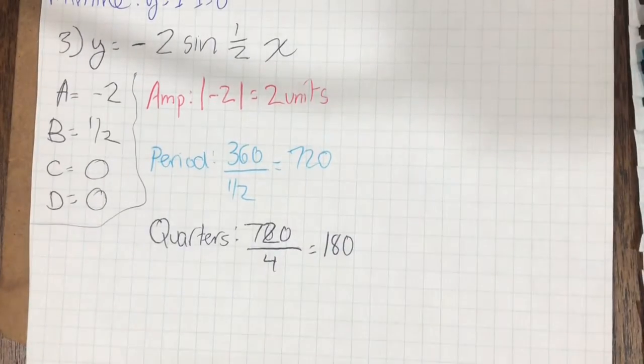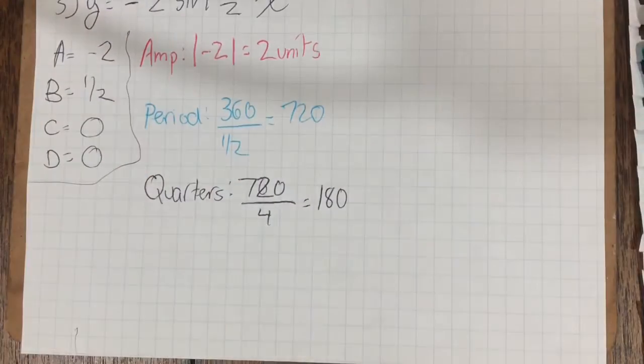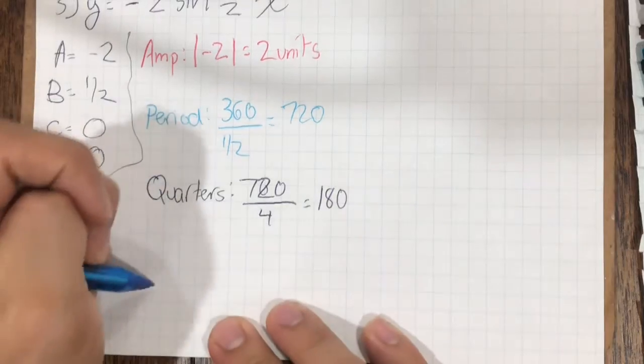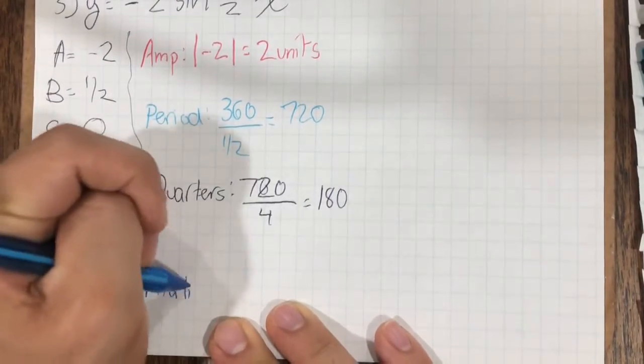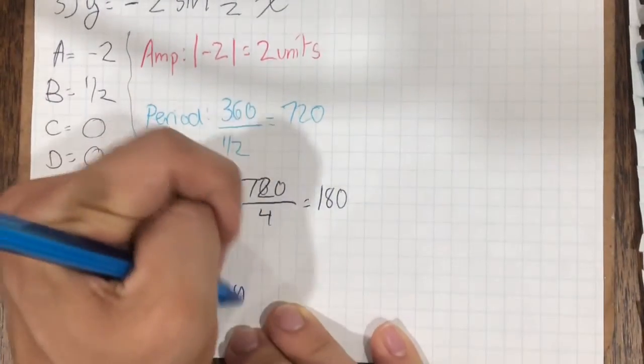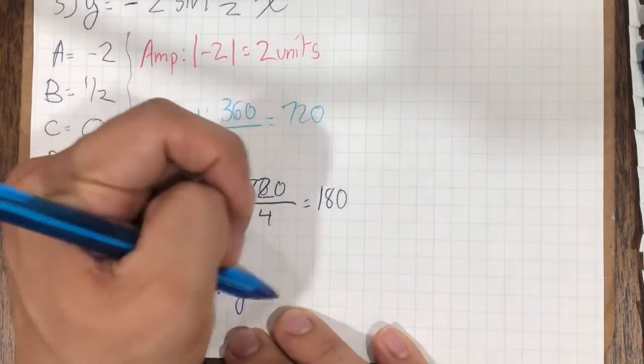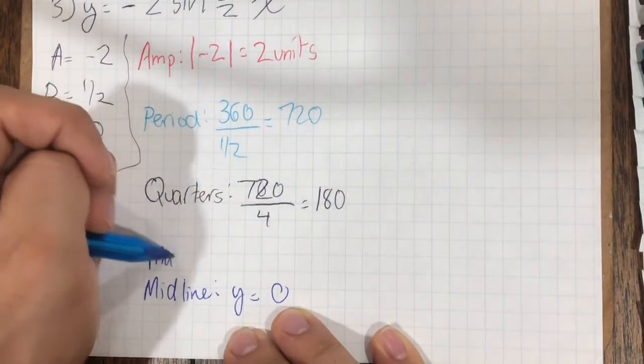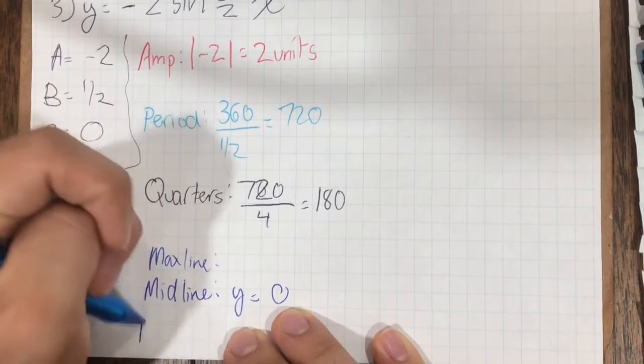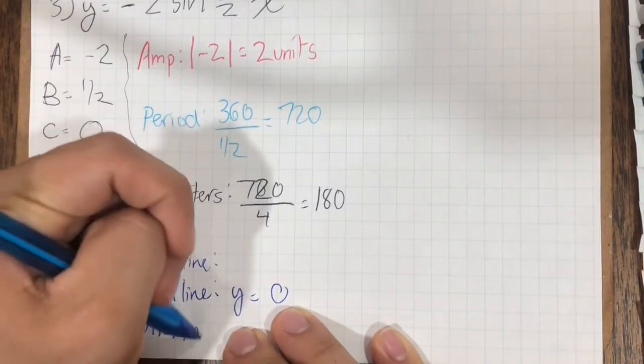All right, so let's go ahead and get started figuring out the midline. So we have the mid line, which is y equals d, which is 0. Then the max line, and then the min line.